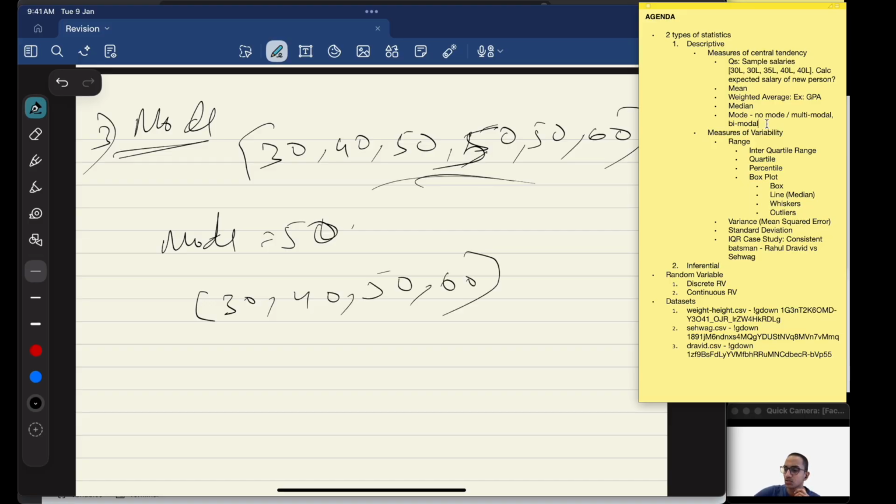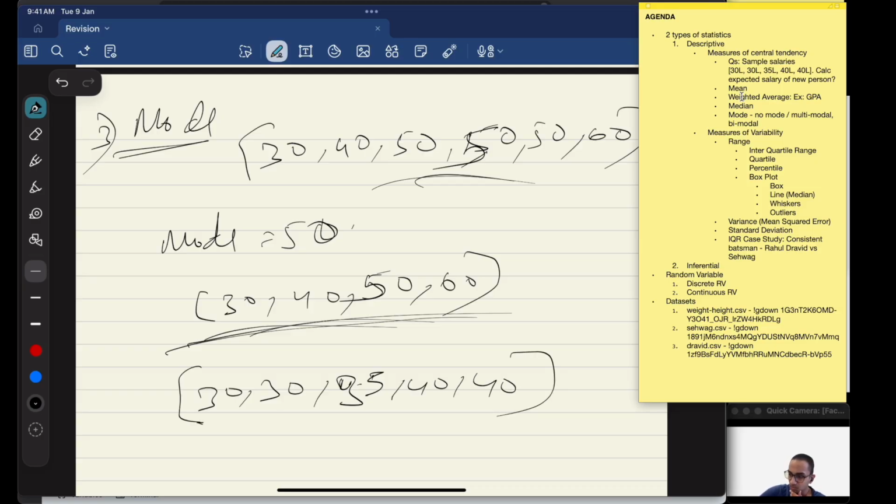What is the mode here? There is no mode here, because in this case everything has a unique value. And suppose in our same above data set, we take 30, 30, 35, 40, 40.